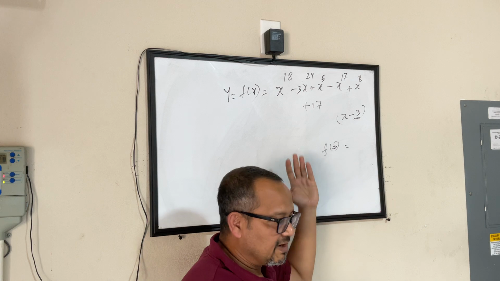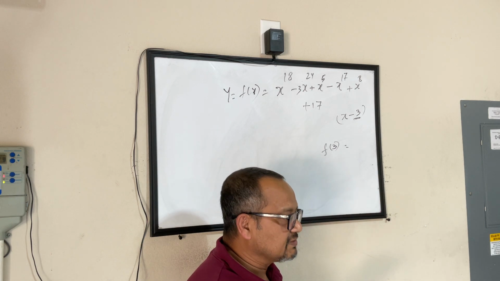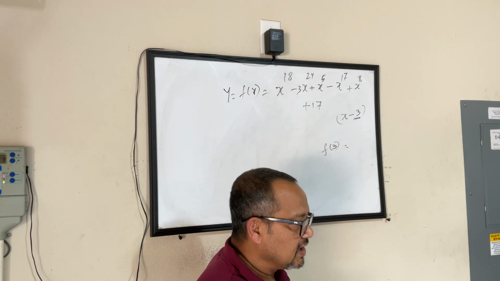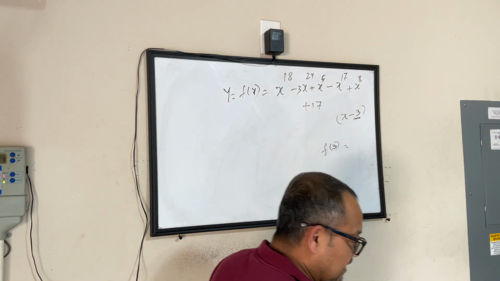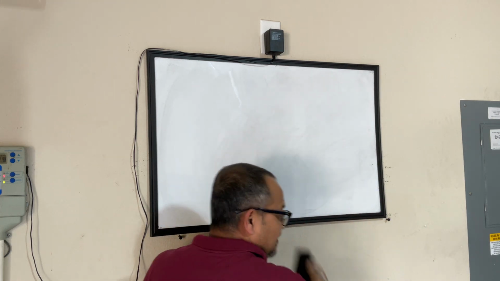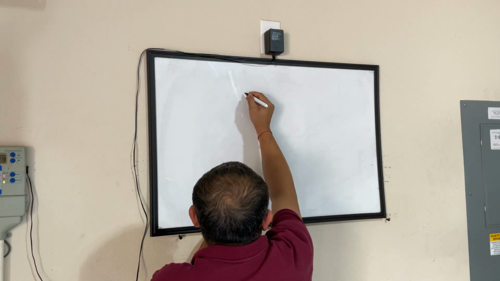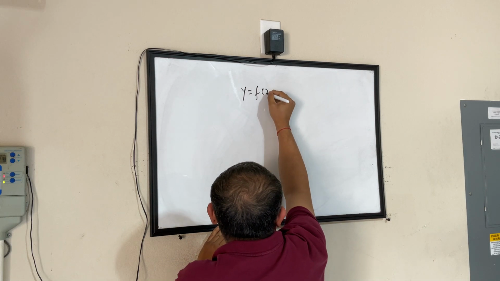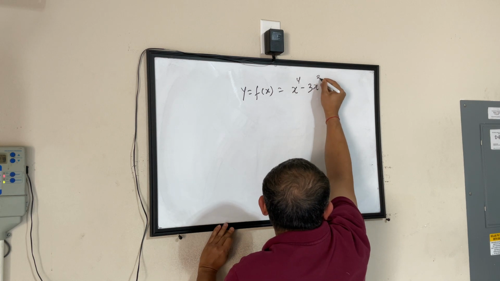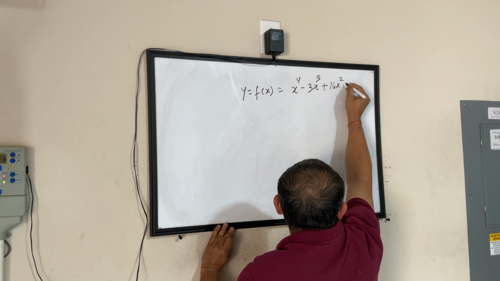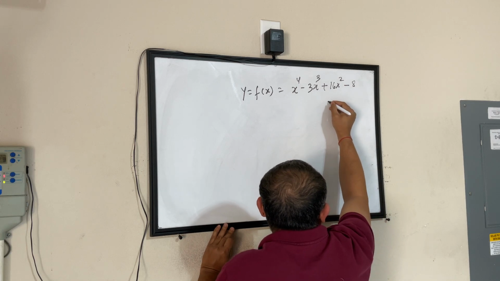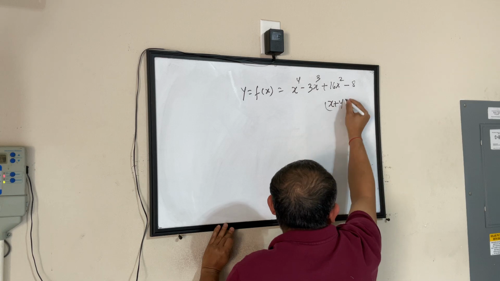And this, we have seen it working for a very simple polynomial, we have seen it working for a regular size 2-degree polynomial. If you want to try it for something a little more complicated, something in between, not like power of 18 and 24, let's say you have a polynomial y equal to f of x equal to x to the power 4 minus 3x cubed plus 16x squared minus 8, and you divide that by x plus 4.